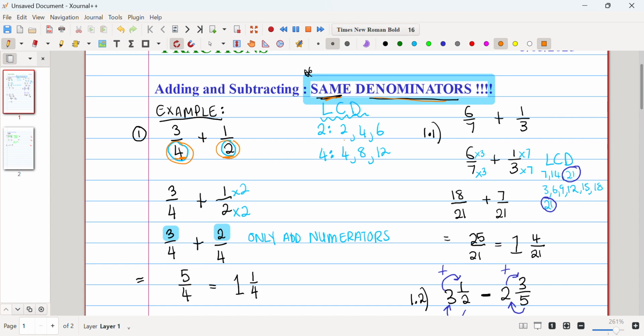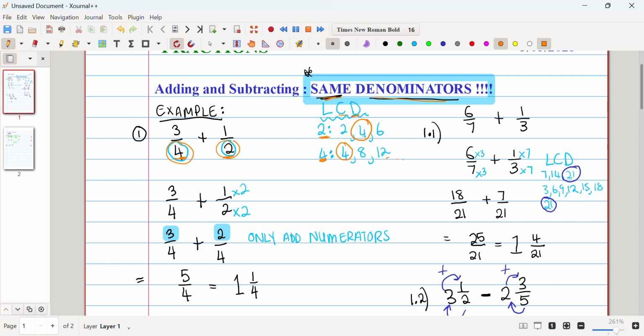It will be quite clear to you, because last year you would have known, if I'm not mistaken, how to do lowest common multiples. So if I do the multiples of 2, it's 2, 4, 6. If I do multiples of 4, 4, 8, 12, and so on, etc. And so same for 2. And then what you must choose is the lowest common one. So as you can see, there is 4 that is common, and you're going to make that your lowest common denominator, and D stands for denominator.